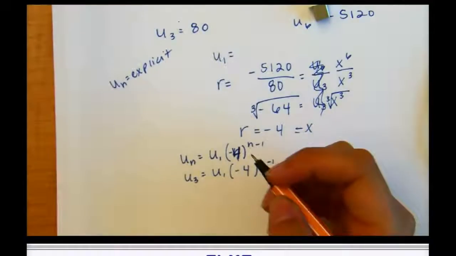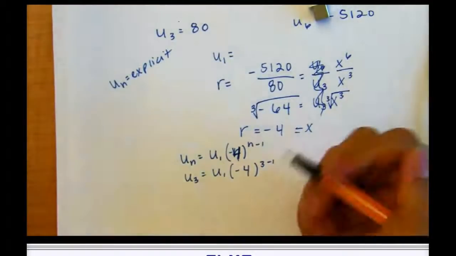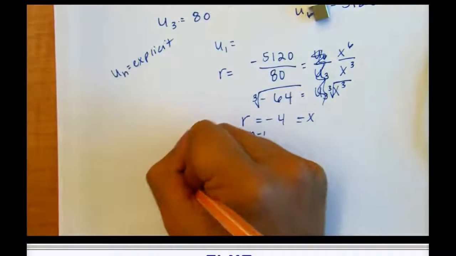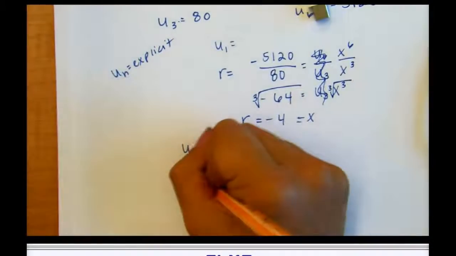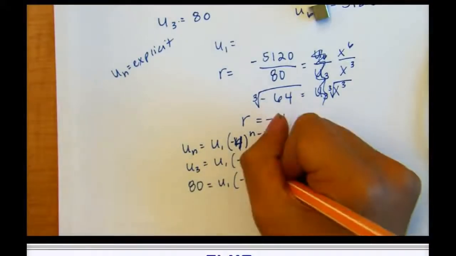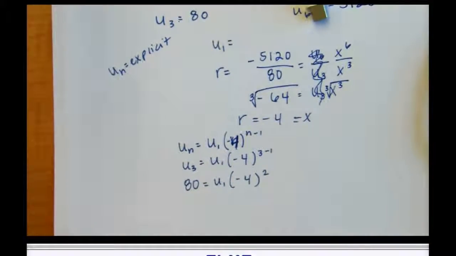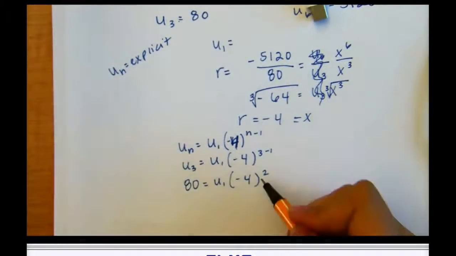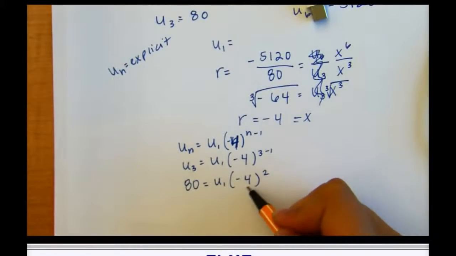So that will be u sub 3 is equal to 80, so I'm going to substitute in 80 for u sub 3. It's equal to u sub 1 times -4. 3 minus 1 will give me 2. Okay, so at this point I'm going to expand my exponent, -4 squared.